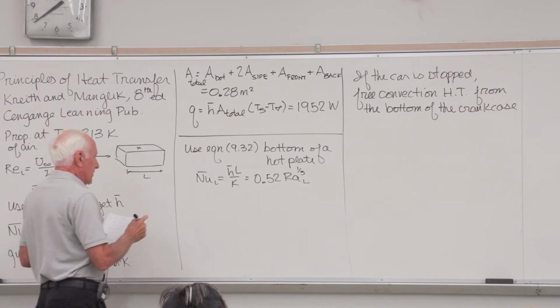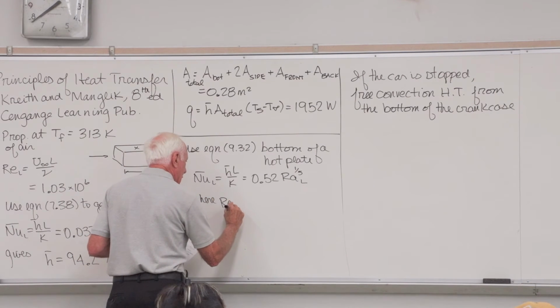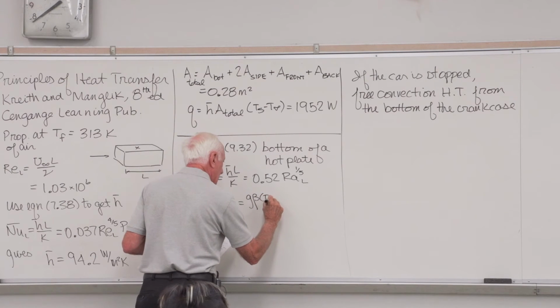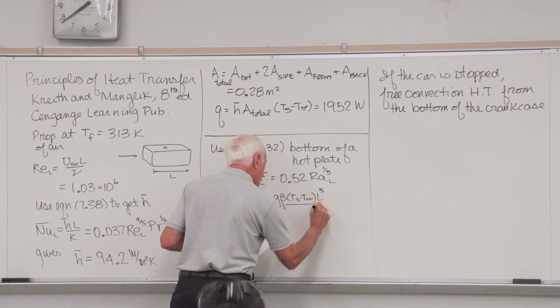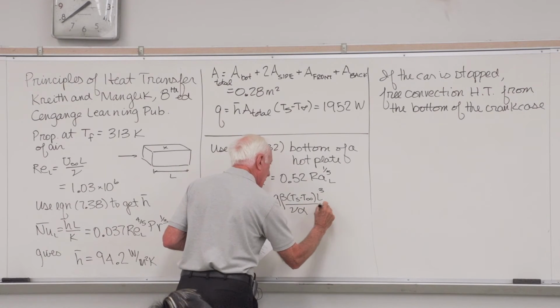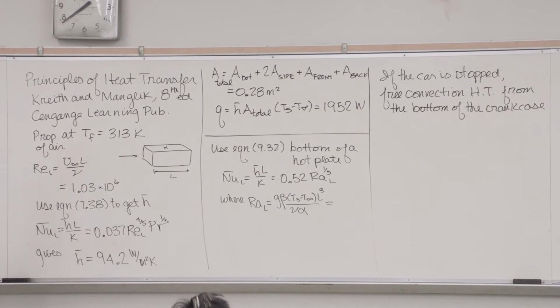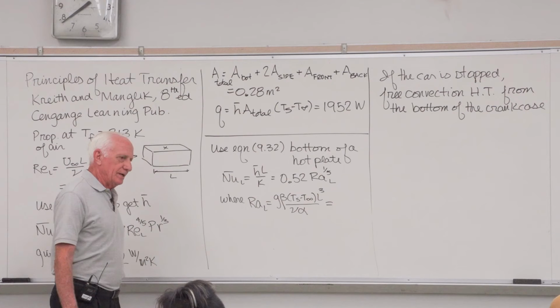Okay, Rayleigh number. I know everything. L is 0.6. I know alpha. I know nu. Beta is 1 over T film. g is 9.81.